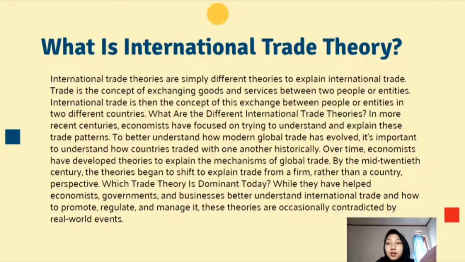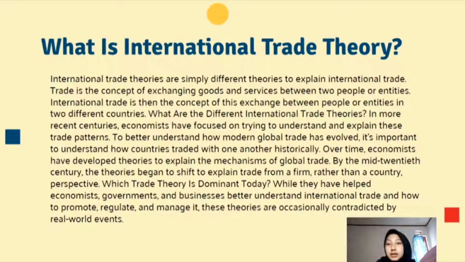Over time, economists have developed theories to explain the mechanisms of global trade. By the mid-20th century, the theories began to shift to explain trade from a firm rather than a country perspective. Which trade theory is dominant today?